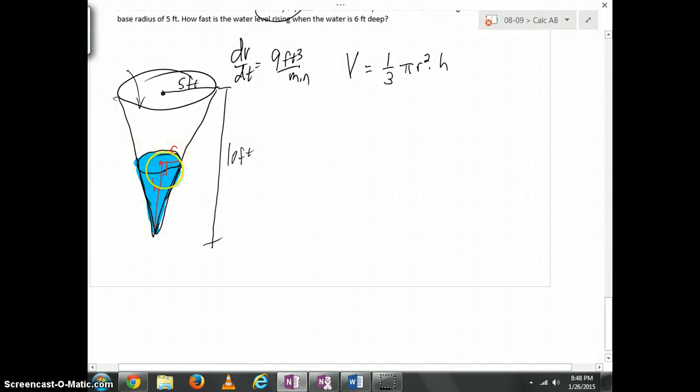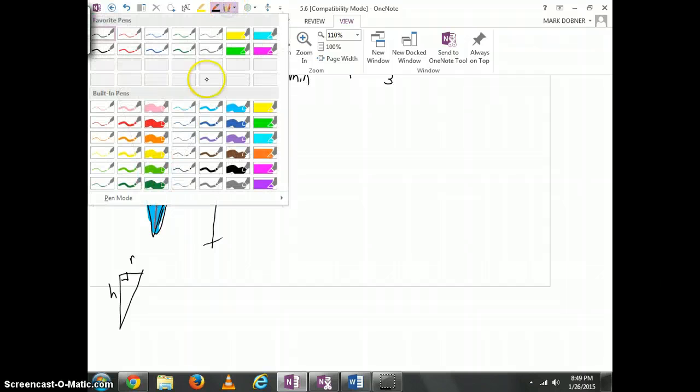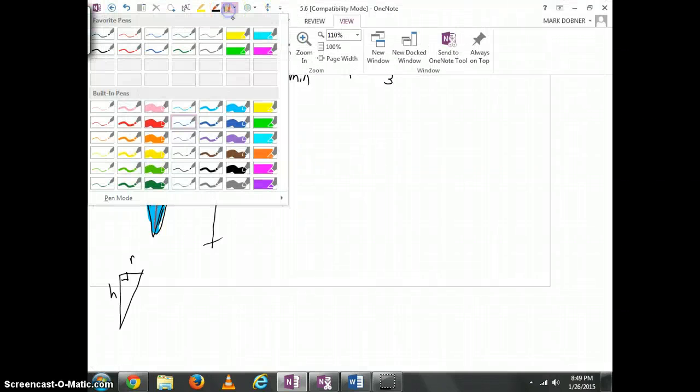Look at this right triangle in red that I've drawn right here in the water. You have the radius of that circular surface of the water. You also have the height of the water, the depth of the water, you could say. And here is an angle in that right triangle. Now, of course, right now we could very quickly go ahead and draw in another right triangle.